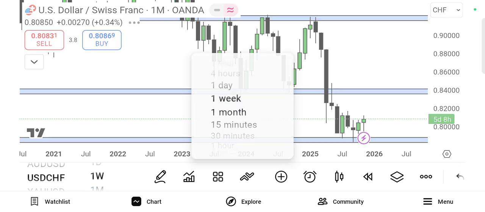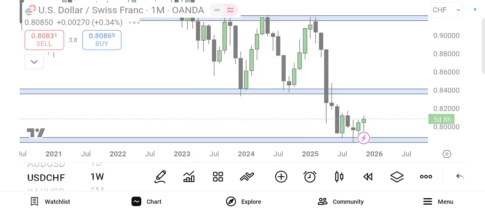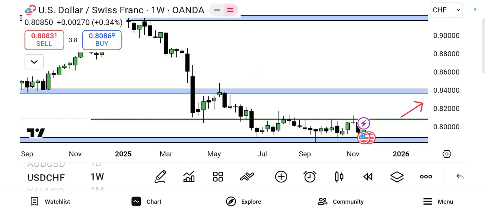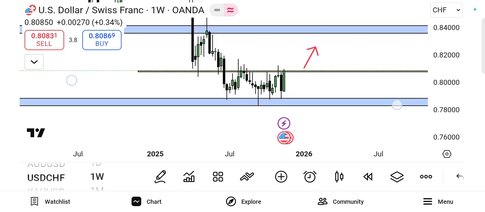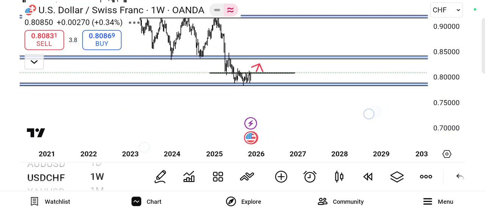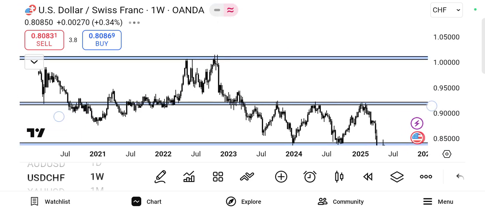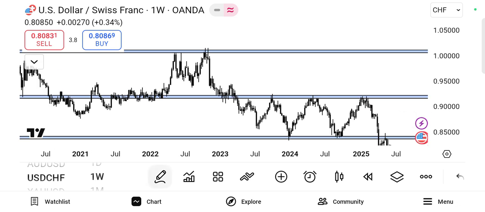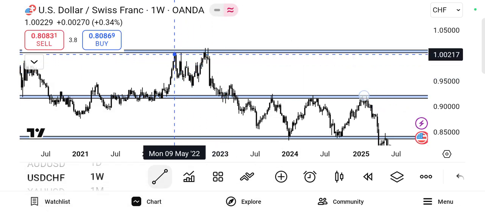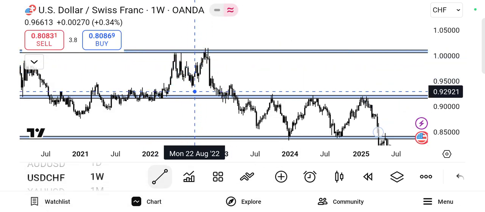On the weekly time frame, let's reanalyze to see what's going on. Starting from here, you will see a double top. This was the neckline.